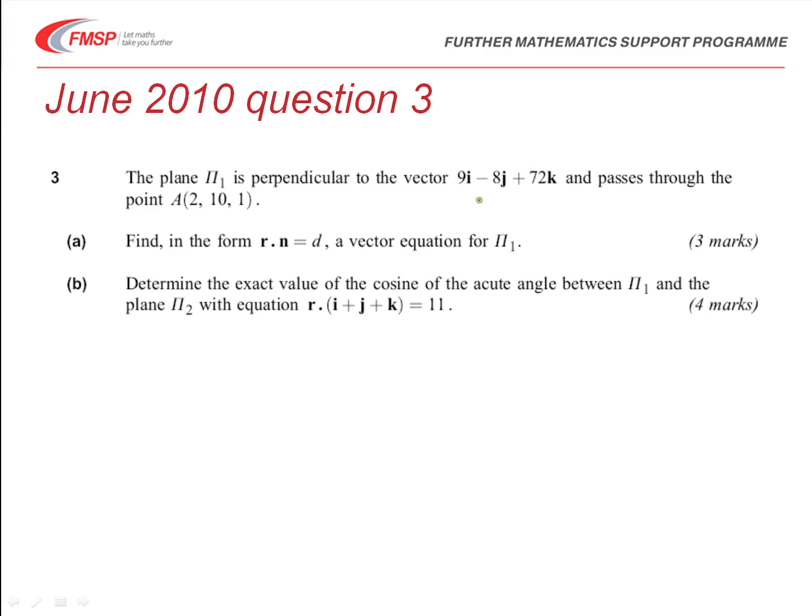First part, we're given the vector which is perpendicular to the plane, in other words the normal, and a point that the plane actually contains, point A, and from that we need to determine the vector equation of the plane. From there we then are given a second plane and we're asked to find the angle between those two planes, which is very much a standard method that we should know.